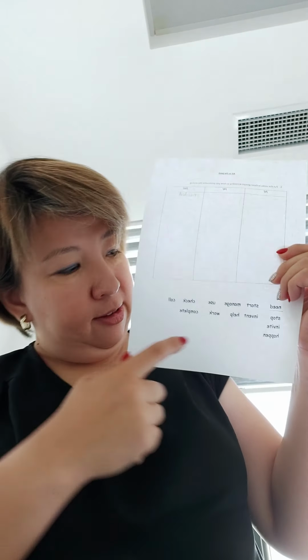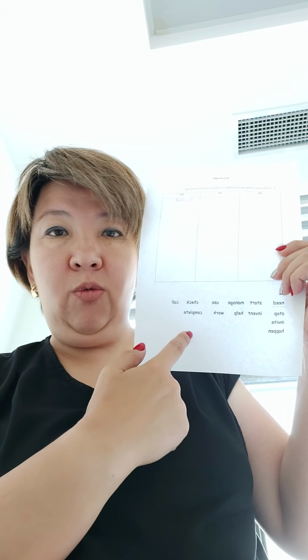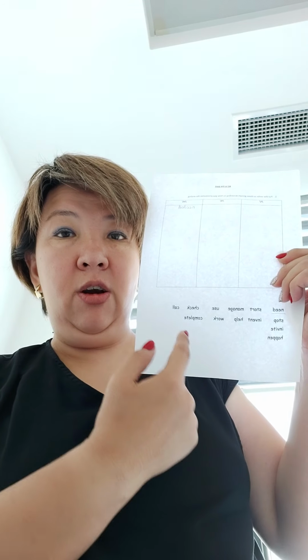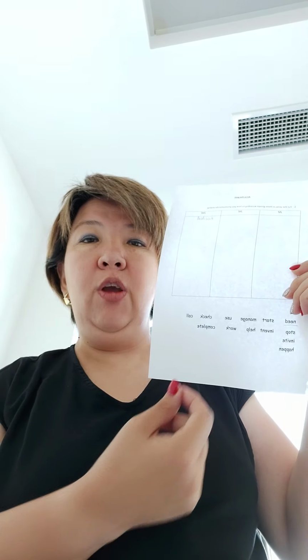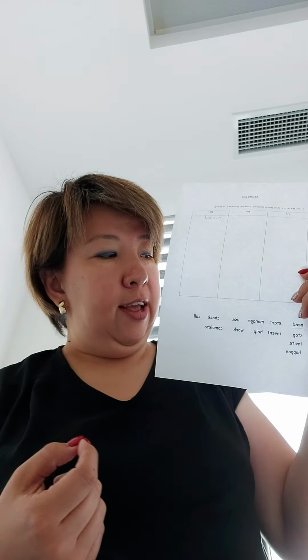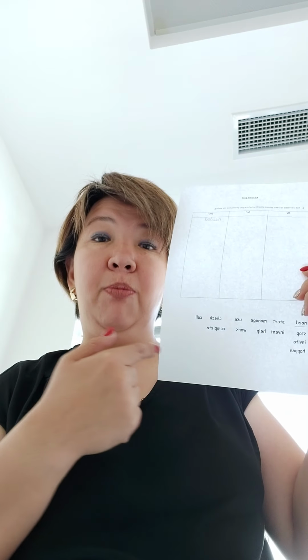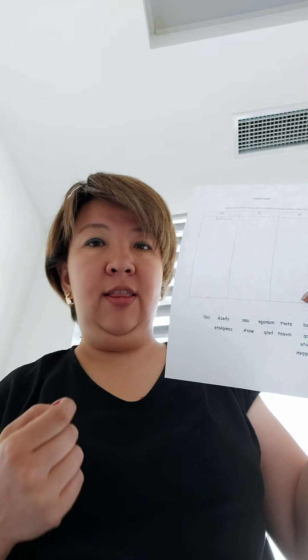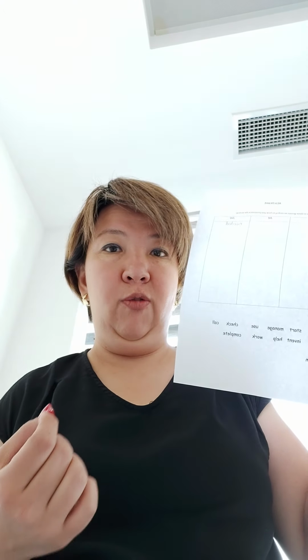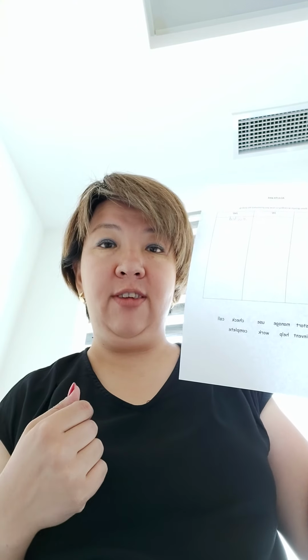Okay? Down here you will see the list of the verbs in their original forms, which is infinitives. What I would like you to do is to use these verbs in the past simple, okay? And write the last sounds of the verbs in the correct columns. I'll give you an example.